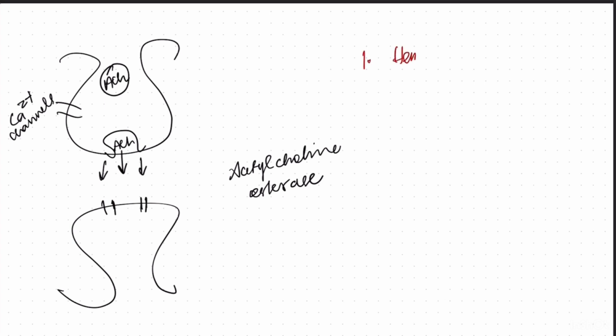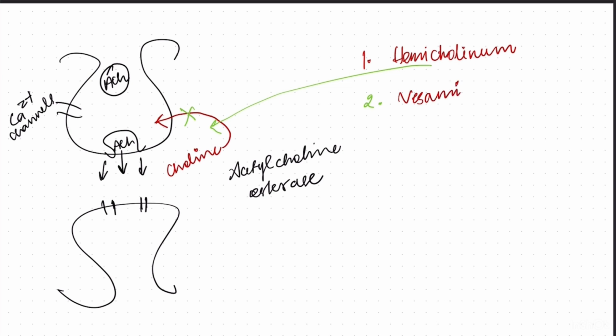One, hemicholinium. It inhibits choline reuptake, which takes place after metabolization of acetylcholine. This hemicholinium inhibits uptake of choline. Second is vesamicol.